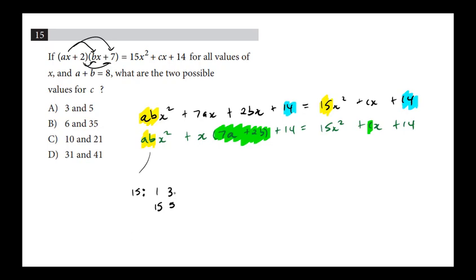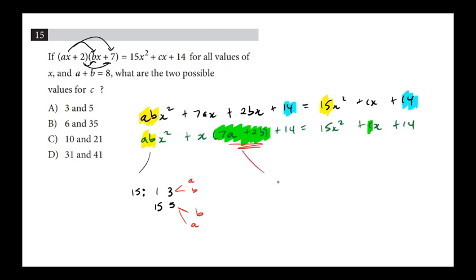And then what does that mean for the values of c? Well, a could be 3 and b could be 5, or b could be 3 and a could be 5. So there's two possible scenarios here.